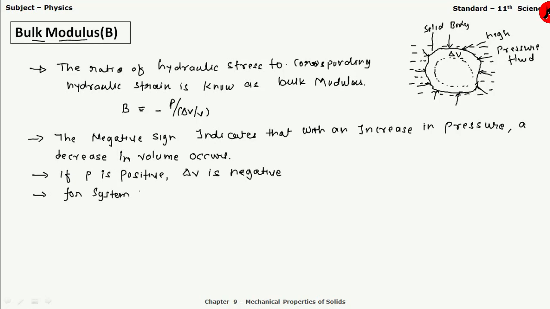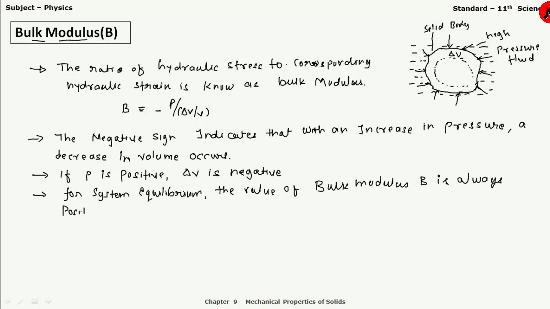So for system equilibrium, the value of bulk modulus B is always positive, right? Because if we consider pressure is positive, the change in volume of a body is decreased.